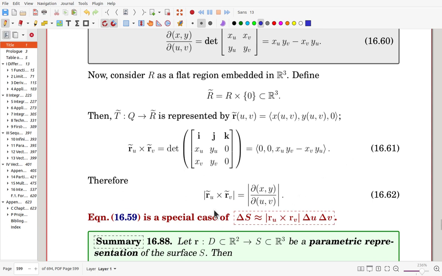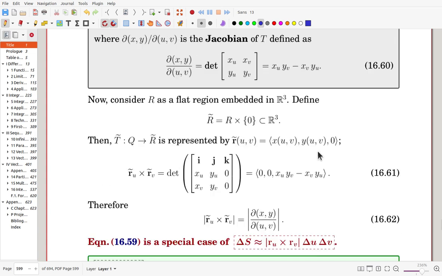The magnitude of that cross product is exactly the same as the absolute value of the Jacobian.